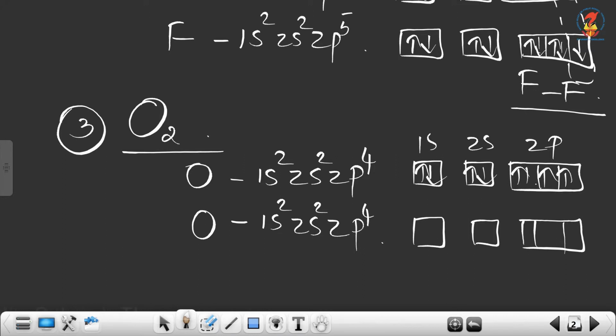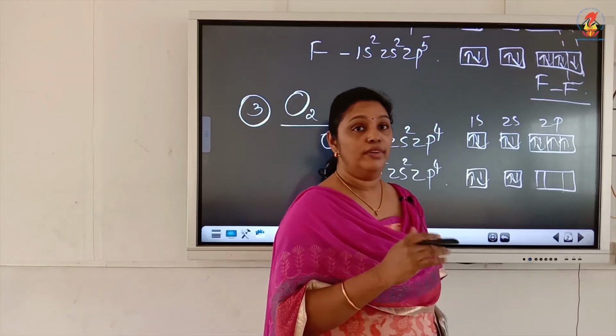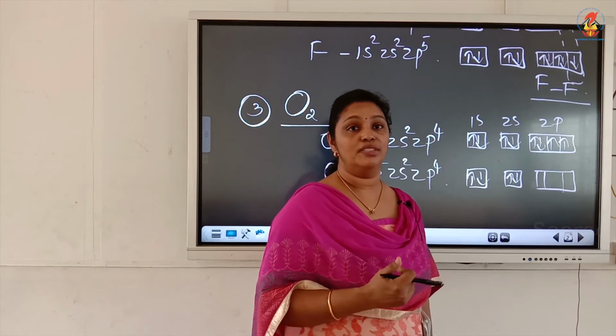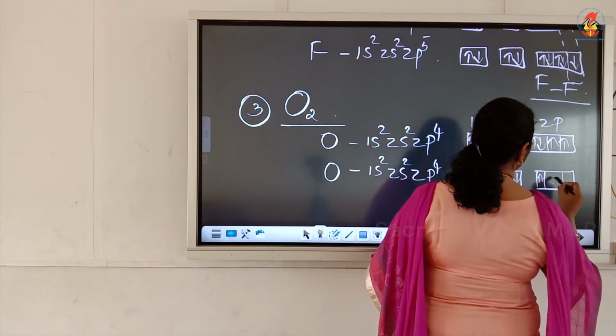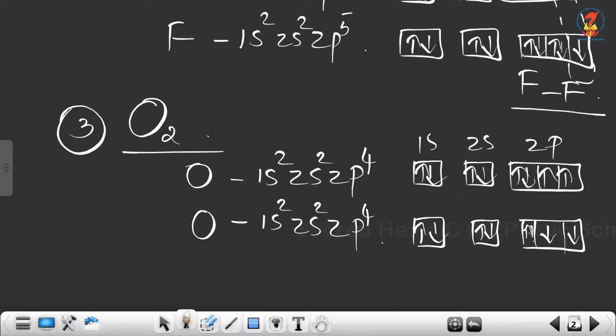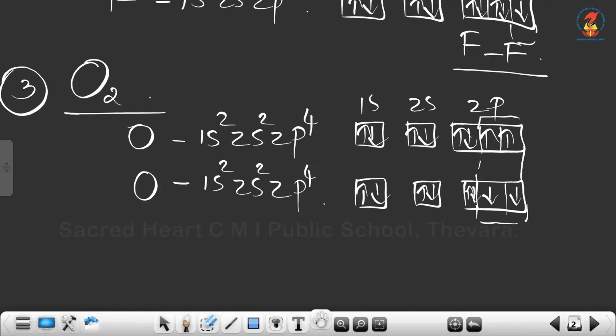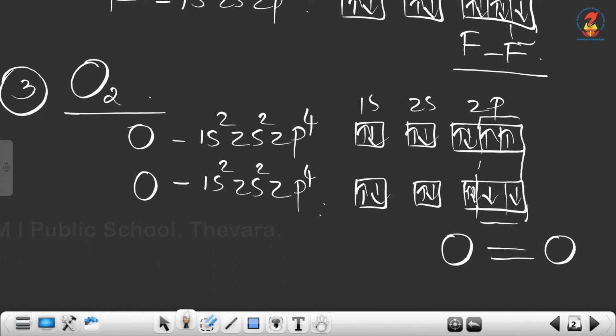You can see there are two half-filled 2p orbitals. So when you draw the electrons in the second oxygen, we have to show the electrons in opposite spin. Now these two orbitals, because there are two half-filled orbitals, will overlap and we get O2 molecule. And how many bonds between oxygen? Two bonds between oxygen, because there are two half-filled p orbitals overlapping.